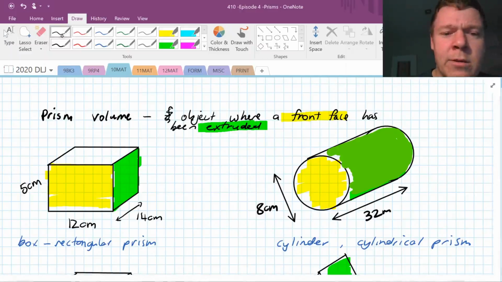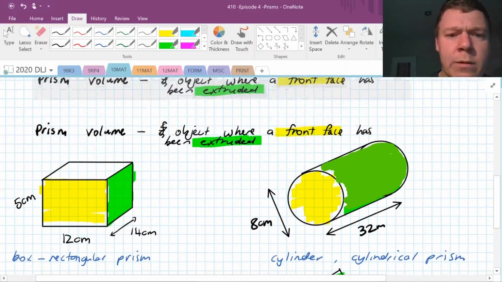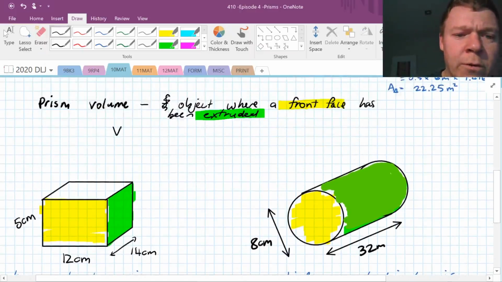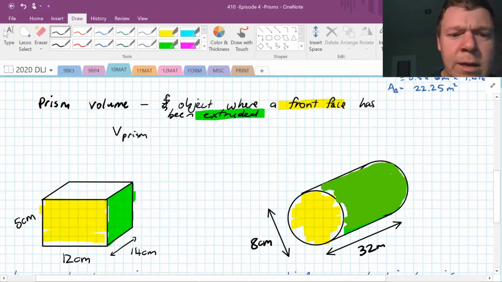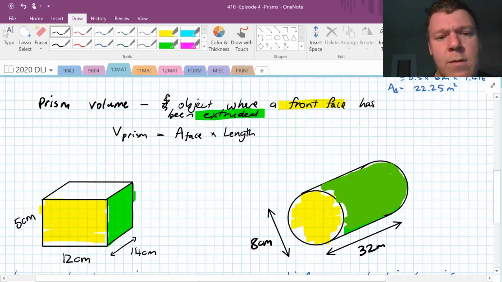I might just pull all that up a bit so I can get in a formula. So the formula for the volume of a prism is just the area of the face times by the length.